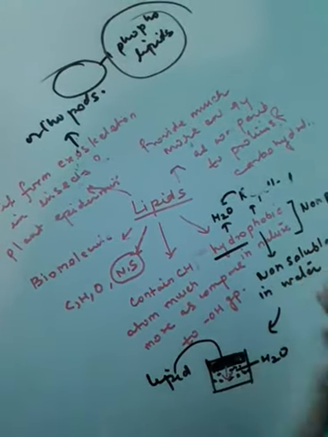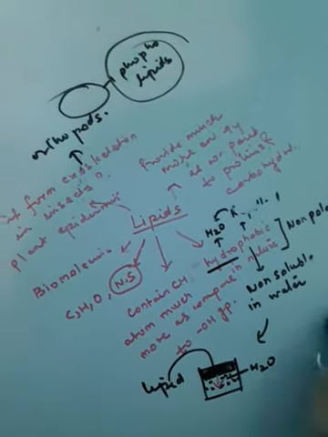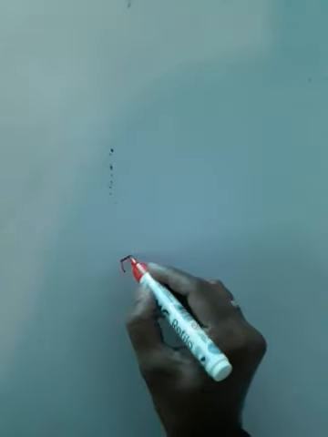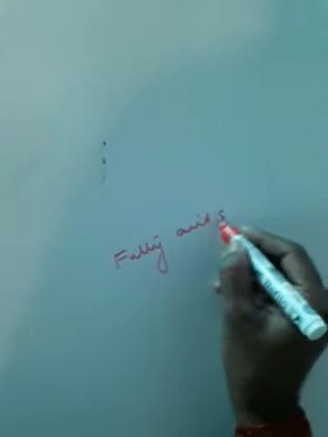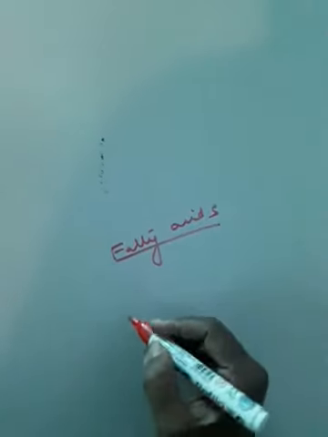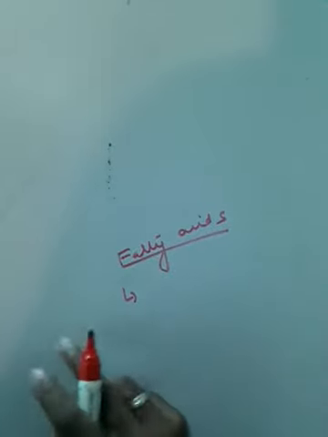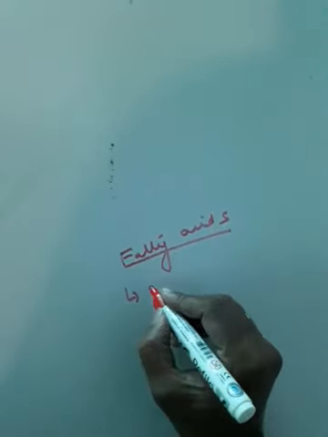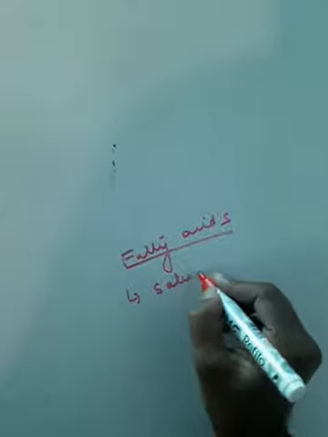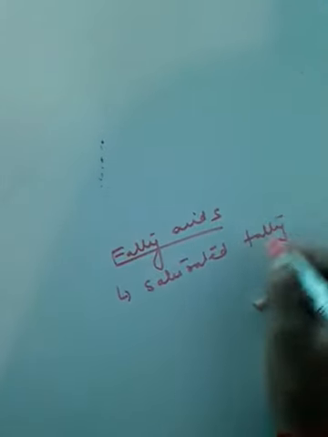Next we will discuss fatty acids. What are fatty acids? Fatty acids are categorized into saturated and unsaturated.